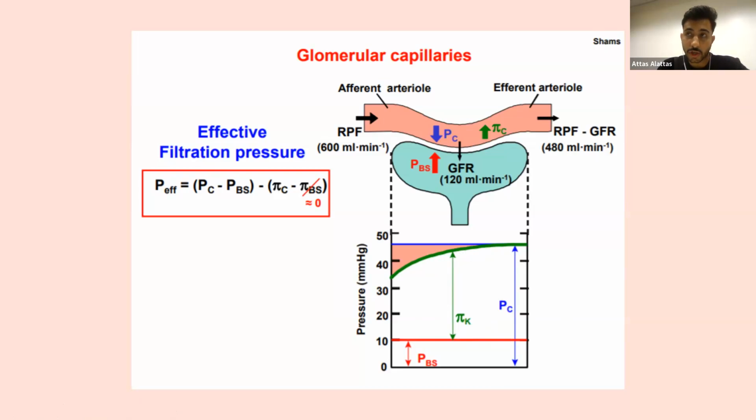When filtration stops, the oncotic pressure will not increase. Why will it not increase? Because there's no filtration. So the oncotic pressure in the capillary will stay the same. This is equal.